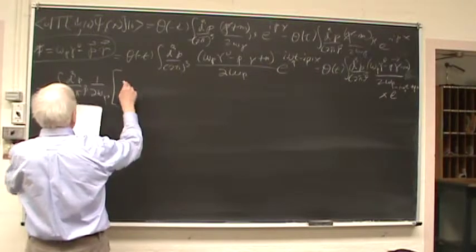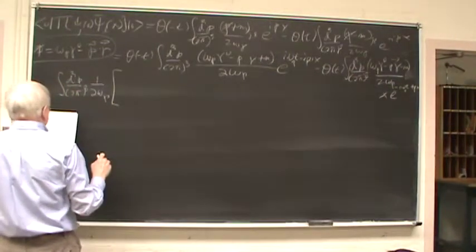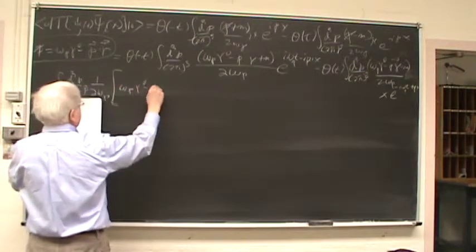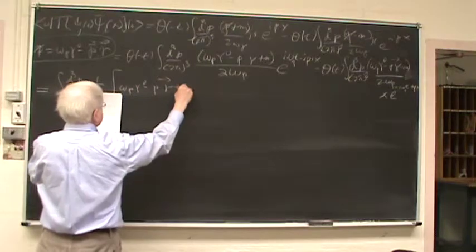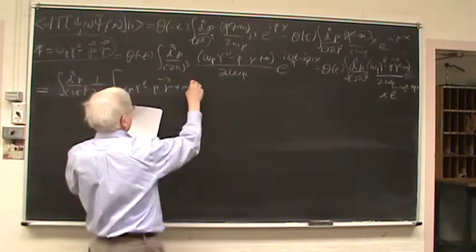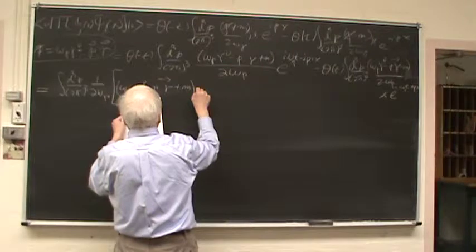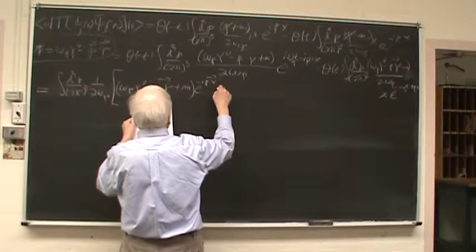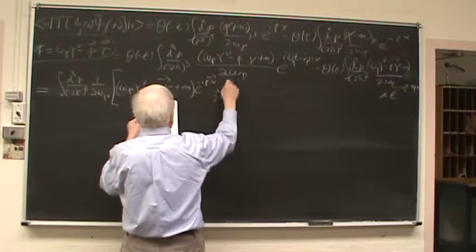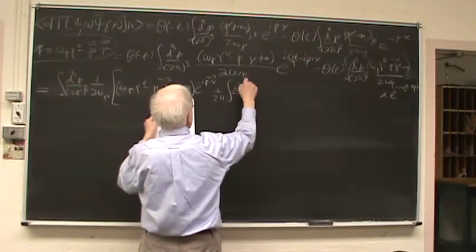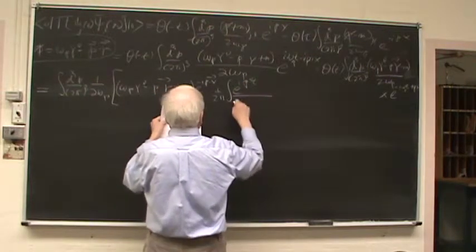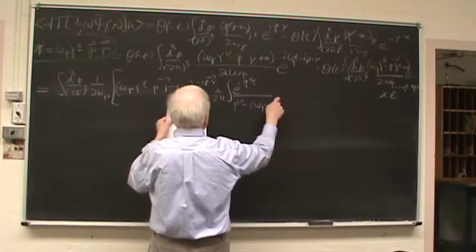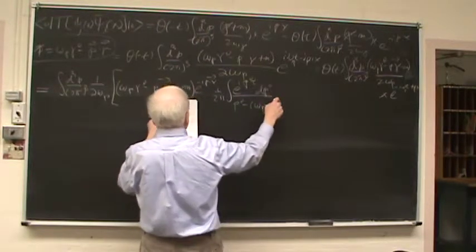And then what we have, well, all right. Omega p gamma 0 minus p dot gamma plus m. And this is times e to the minus I p dot x. And then it's I over 2 pi integral e to the I p0 t over p0 minus omega p minus I epsilon dp0.